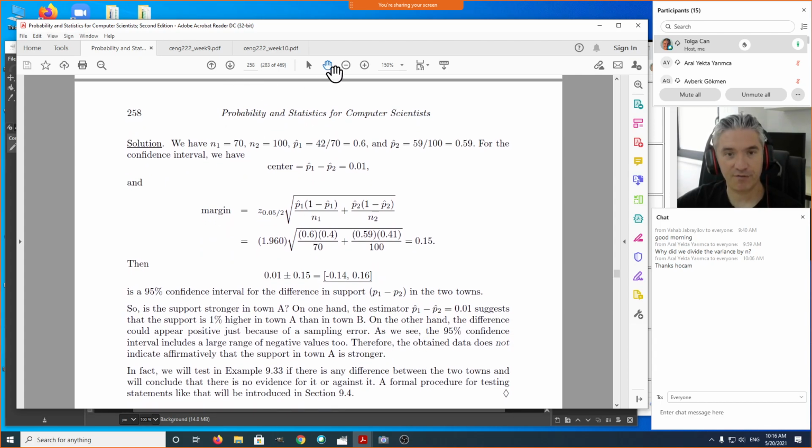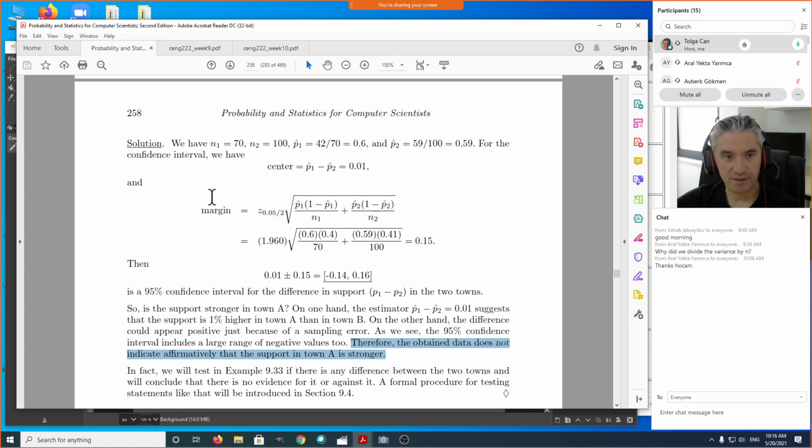So this is what we usually say: the obtained data does not indicate affirmatively that the support in town A is stronger. It can be less strong or more strong. If you look at this confidence interval, you're not affirmative. We never say for certain, but we cannot significantly say that in town A the candidate has more support than town B.